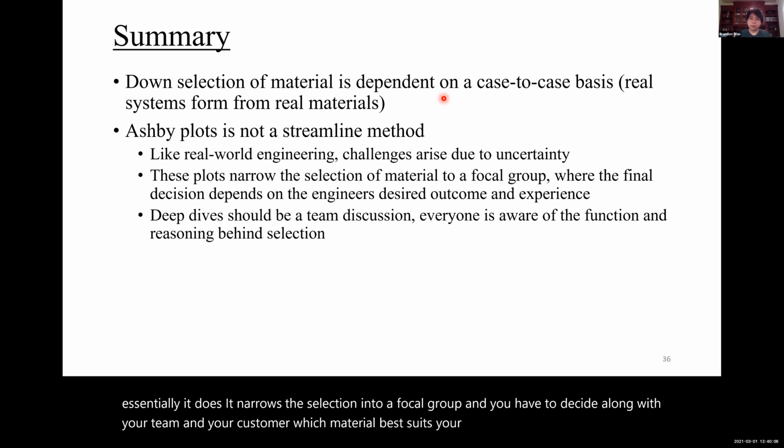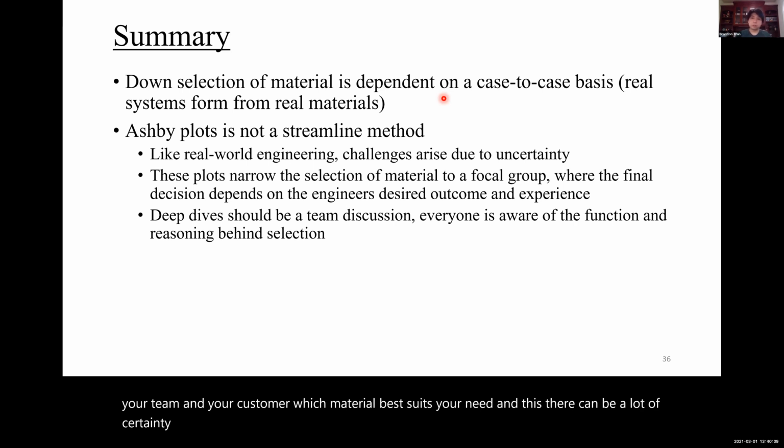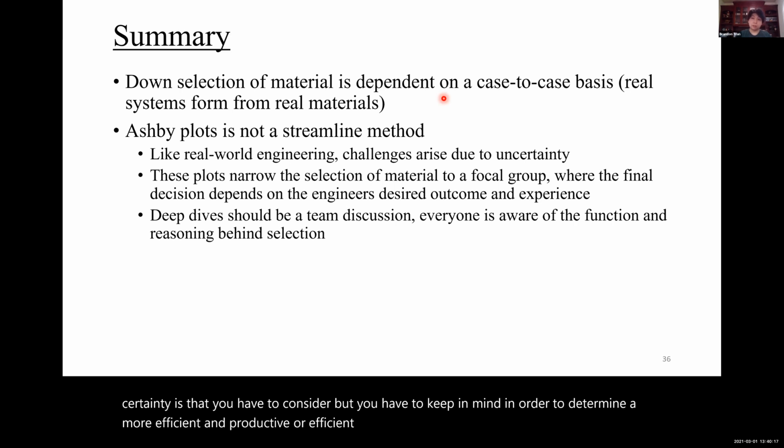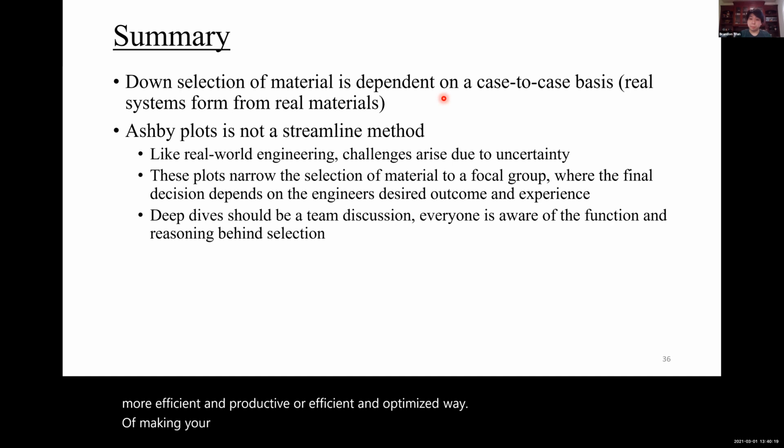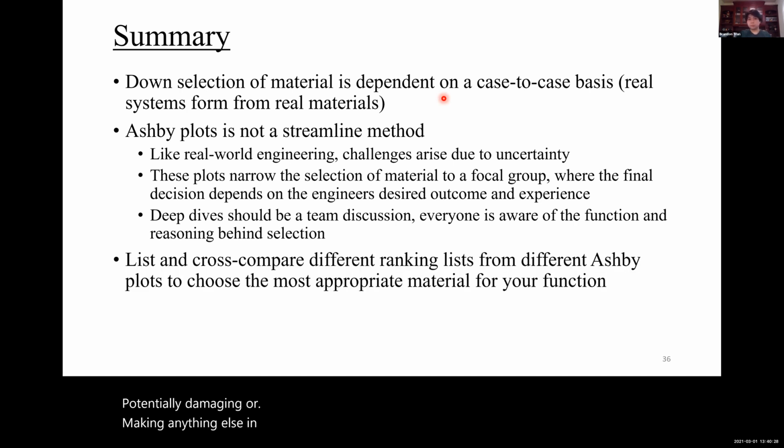There can be a lot of uncertainties that you have to consider, but you have to keep that in mind in order to determine a more efficient and optimized way of making your system work without potentially making anything else in the system worse.